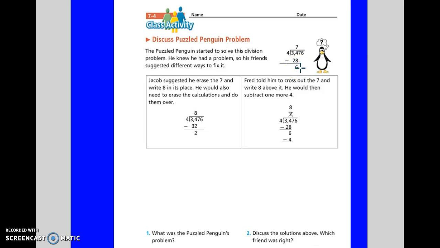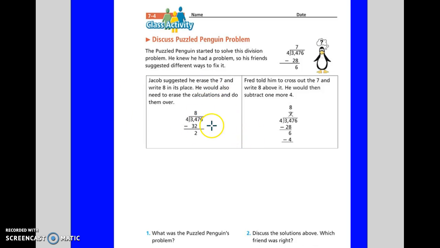But when I look at this, 6 is bigger than 4. 4 can still go into 6. So there's a problem here, right? It doesn't work because I can actually fit more 4s into 34 than just 7. I could fit 8 in there, okay? So let's look at these different solutions and see which one of them works.